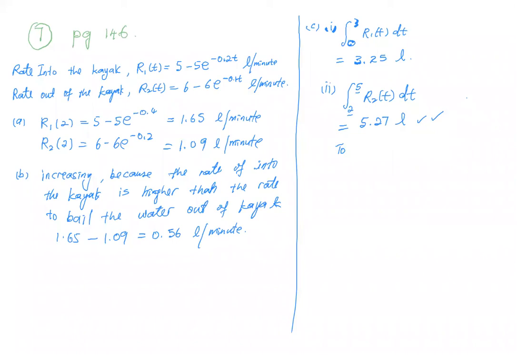C part 2 is 3.2. Are you sure? Part 1, 3.25. Okay, C part 1, 3.75. It's 3.75, not 3.25.